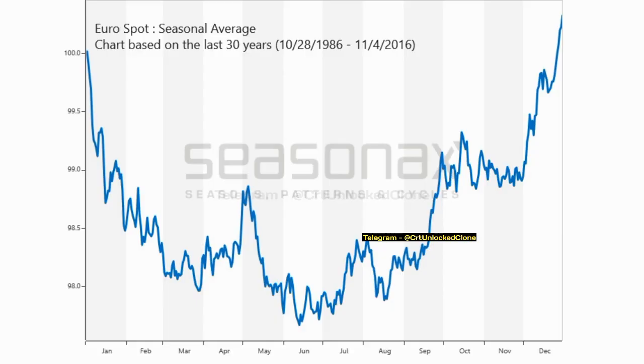It means that this seasonality chart is showing you the summary of what EURUSD has done on average each year, throughout each month, over the last 30 years, and it has collected that data and summarized it into this single chart. You can see right here that EURUSD has followed a certain theme or pattern, right?